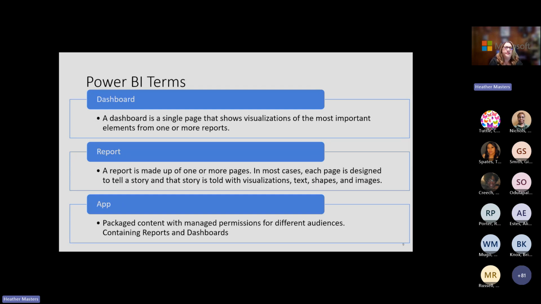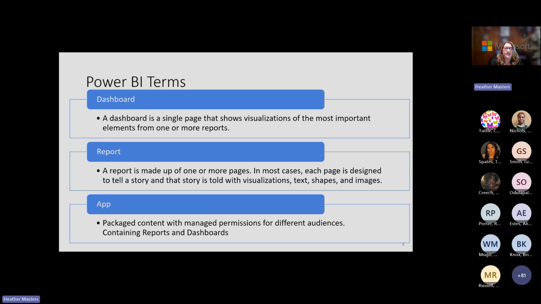So some terms for Power BI. You might have heard of a Power BI dashboard. A dashboard is a single page that shows visualizations of the most important elements from one or more reports. And the report is made up of one or more pages.